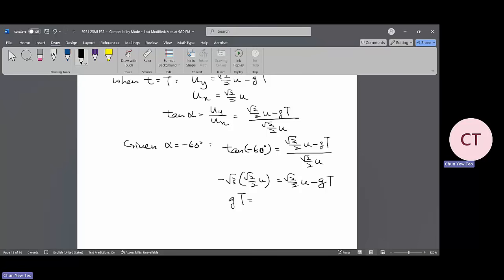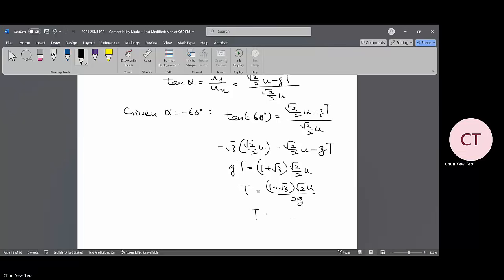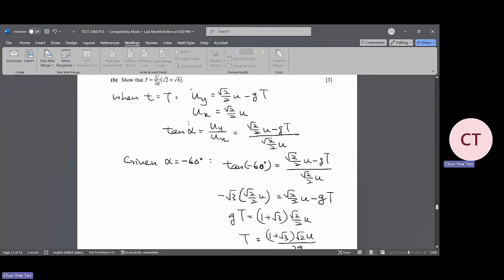So we have 1 plus root 3 times root 2 over 2 u, so d is equal to 1 plus root 3 times root 2 u over 2g. Multiply the root 2 inside, you get d equal to root 2 plus root 6 times u over 2g. Shown. This is how you show the result for number 7B.